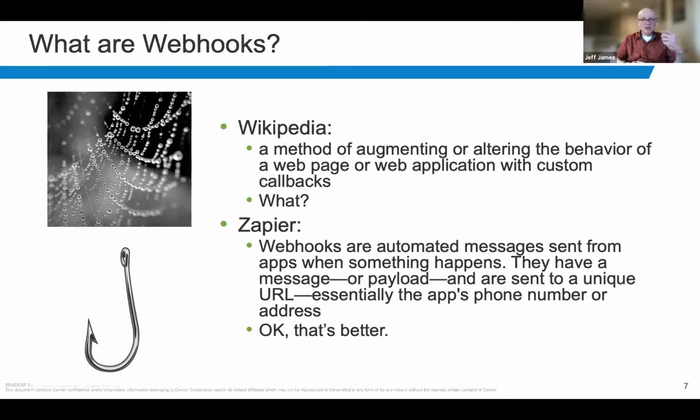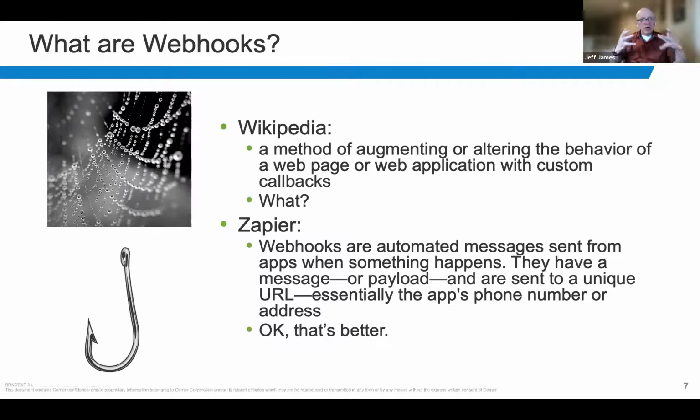Webhooks are automated messages sent from a web app when something happens. Key to this is they have a unique message, technically a payload, that's sent to a unique URL, which is the listening system, which essentially is, think of it as a contact for the receiving system. So that probably makes a little bit more sense in terms of what's going on.